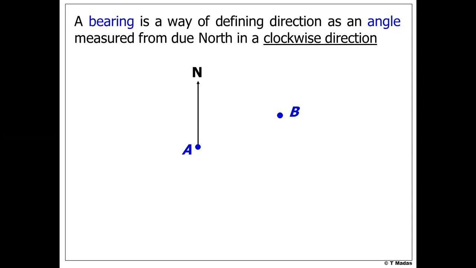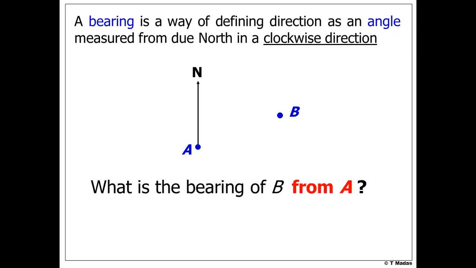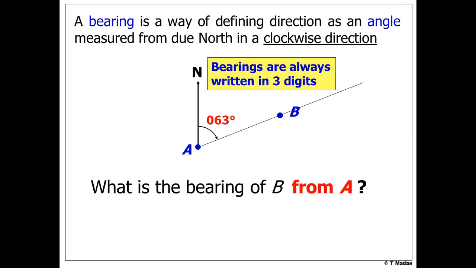What is the bearing of B from A? I have drawn the line of north from A because it says from A. Then I'll connect the 2 points and go clockwise and measure the angle. If this angle is given as 63, the bearing must be written as 3 digits, 063 degrees.